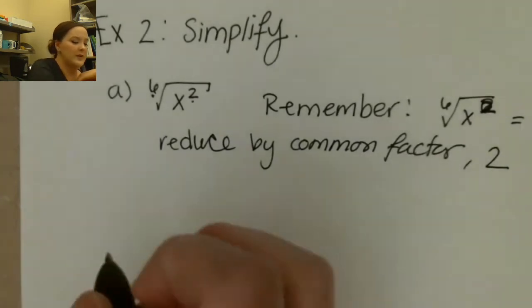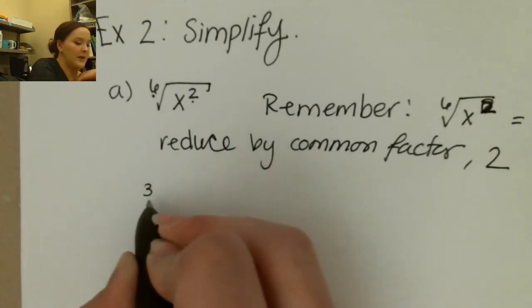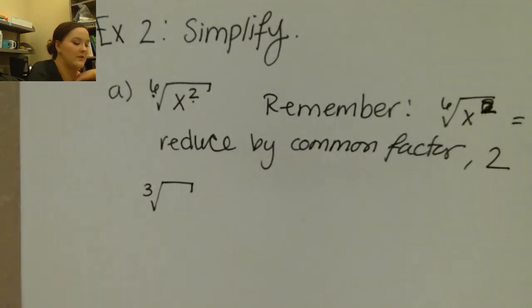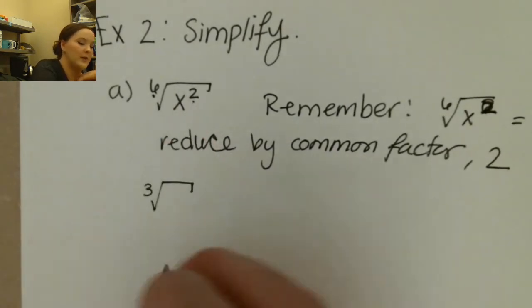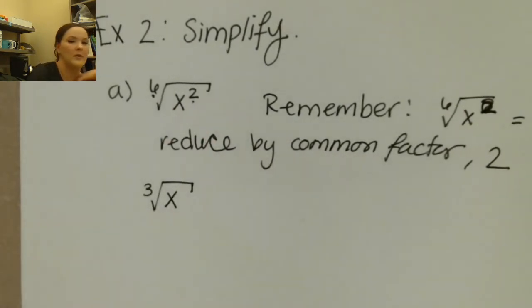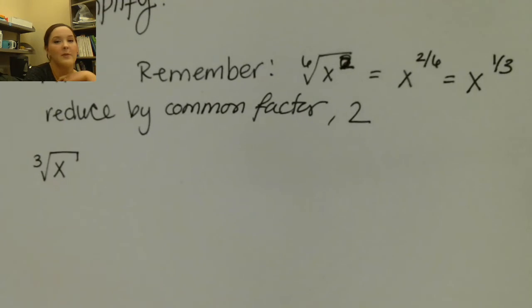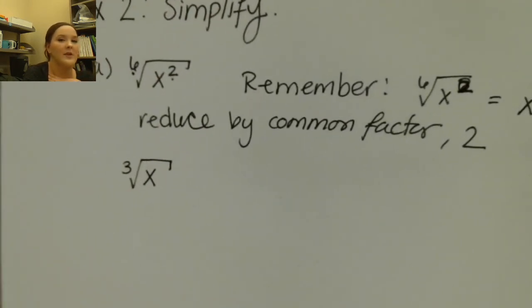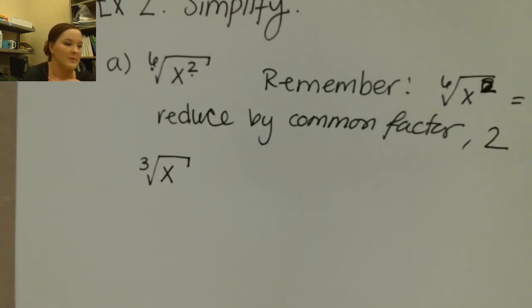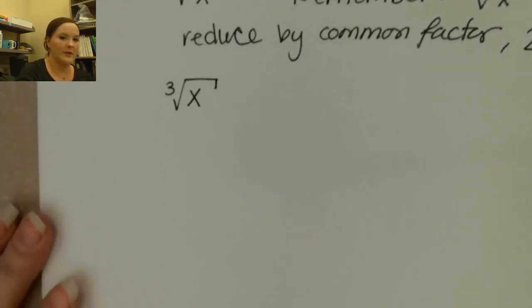Okay, so we're going to divide the index by 2 and get 3, and then we're going to divide the exponent by 2 and get 1. Okay, so this is the same as what we saw using the fractional exponents, and this is just a way to do this without converting to exponential form. Okay, so let's look at one more example of this.